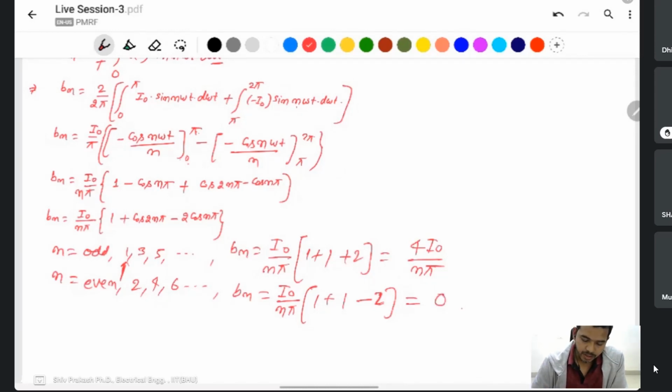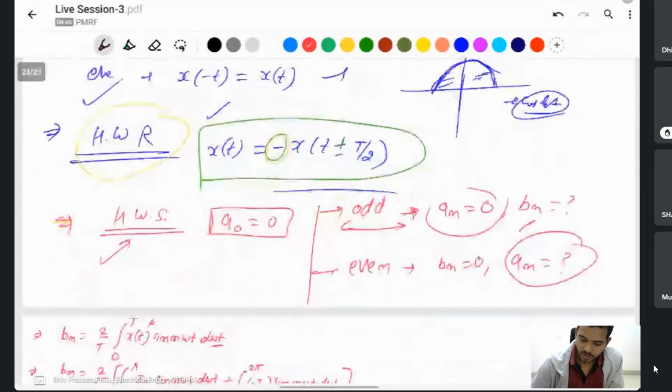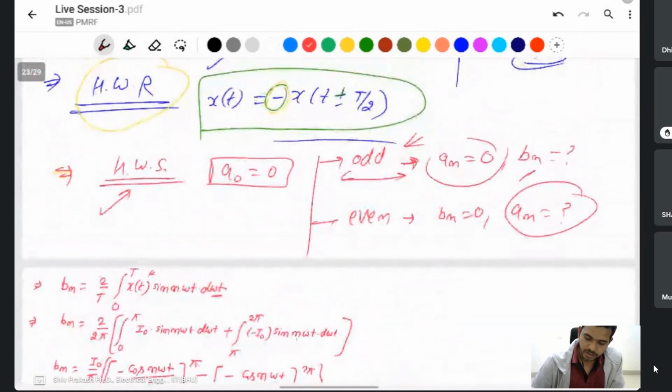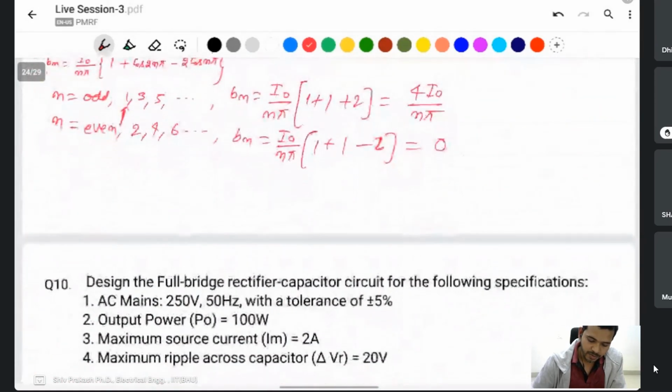It means if half wave symmetry is present, then all even terms are 0. If an odd signal is present, then all even terms are 0, and in an even signal, odd terms are 0. This one is an odd signal, that's why all even terms are 0.